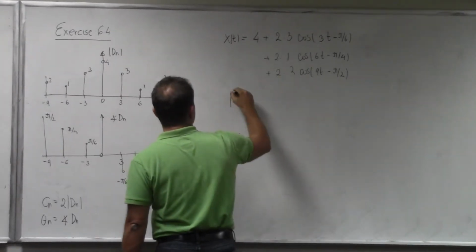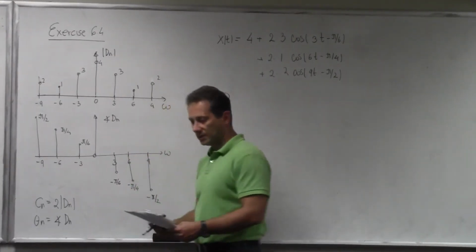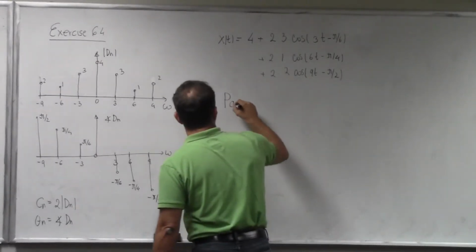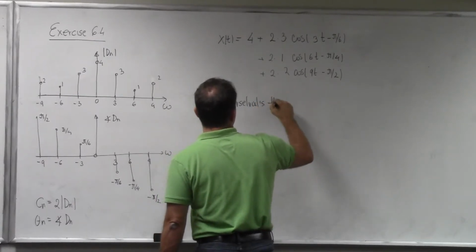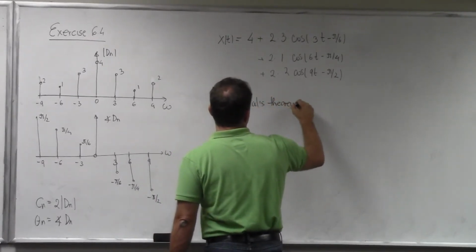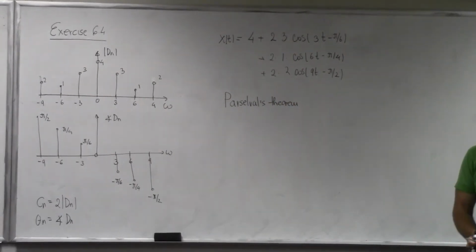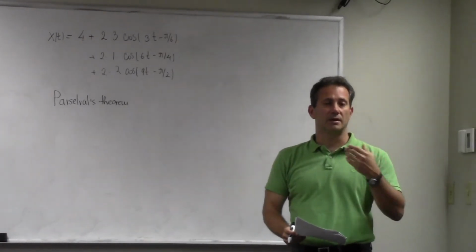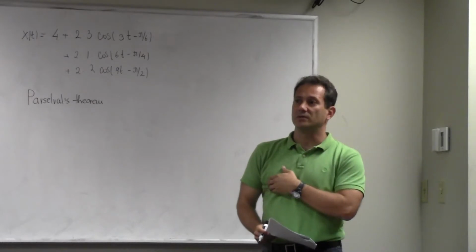There's another very important result here, and it's so important that it has a name, and we call it Parseval's theorem. Why is this result important to us? Because it gives us a relationship between the spectral characteristics of the signal, its spectrum, and the power of the signal.